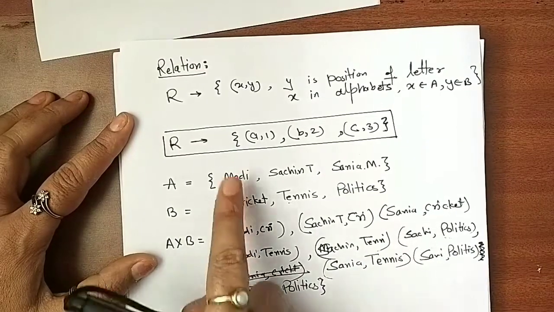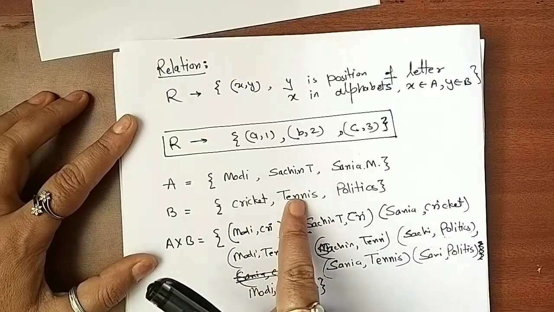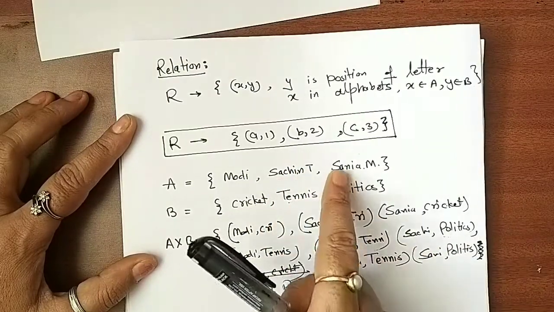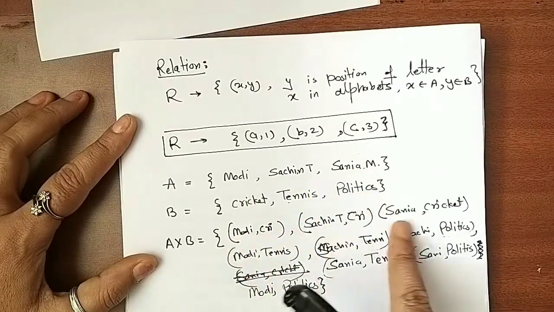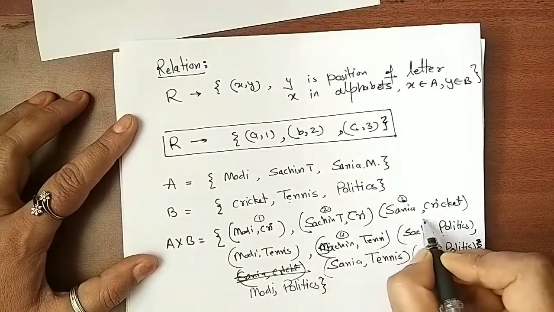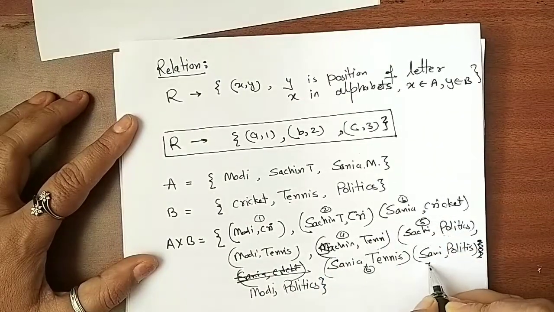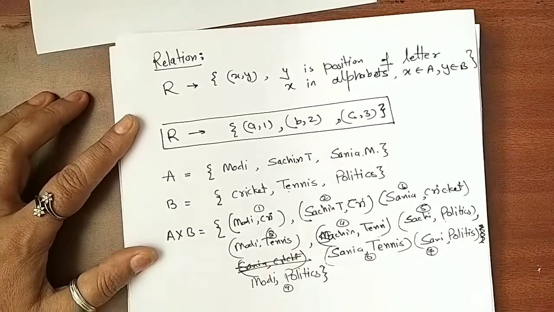Modi with cricket, Modi with tennis, Modi with politics. Sachin with cricket, Sachin with tennis, Sachin with politics. Sania with cricket, Sania with tennis, or Sania with politics. So a total of 9 pairs are there. 1, 2, 3, 4, 5, 6, 7, 8 and 9. All possible 9 pairs.